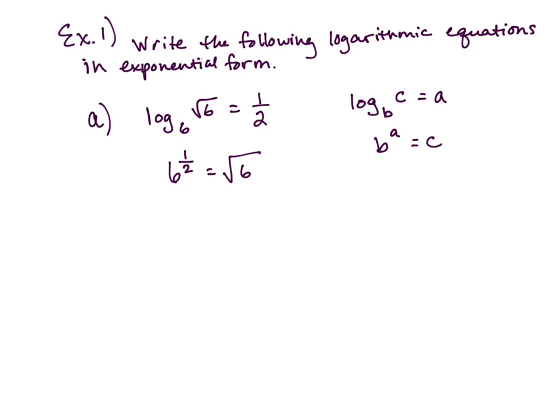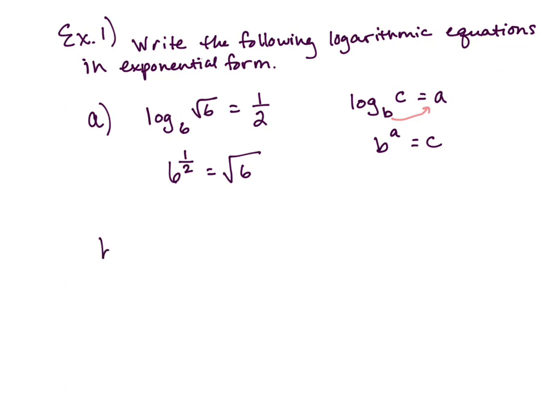And isn't that true? So we've written that same information as an exponential. I always make a little swoopy line. If I'm trying to convert, I'm going to raise that B to the A power. B to the A equals C. Can you see it?